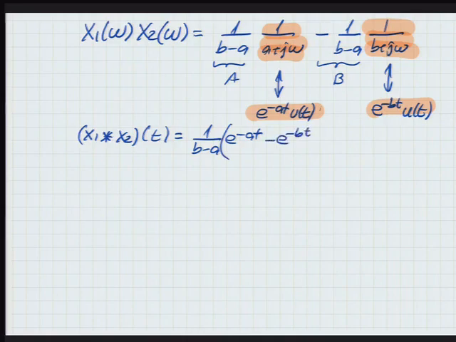And both of them have factors u of t, which I factor out. So I can write it in this form, right? And there you go. You've done a convolution without doing a convolution, right? You've used the multiplication property in the frequency domain to evaluate the convolution without actually needing to do it. Any questions on this?